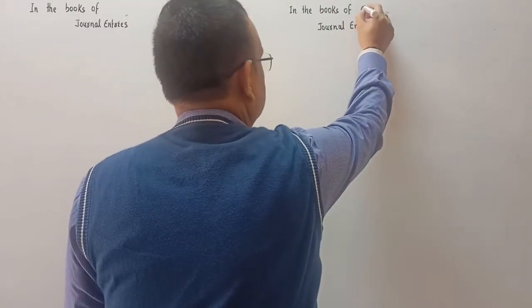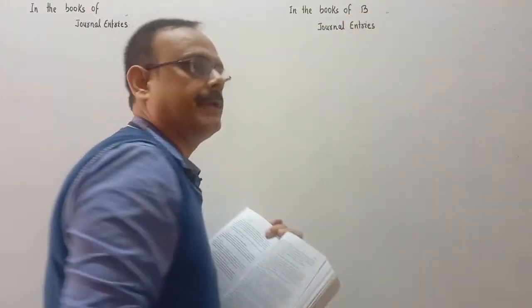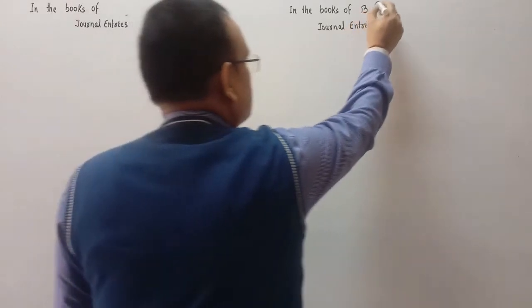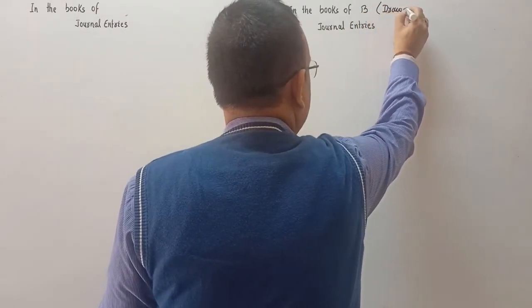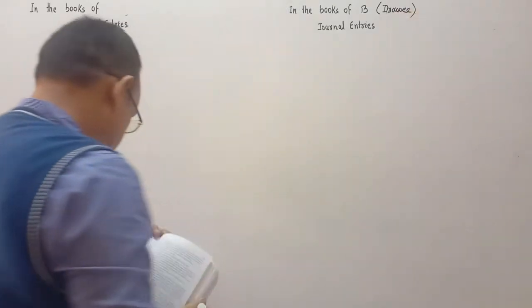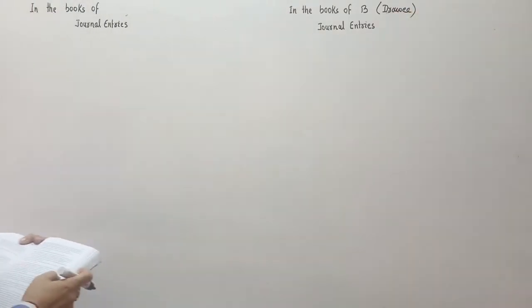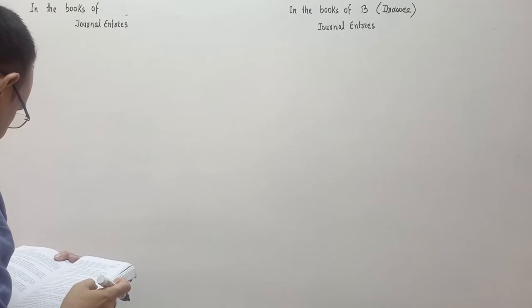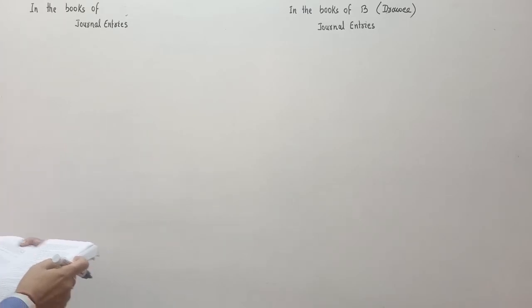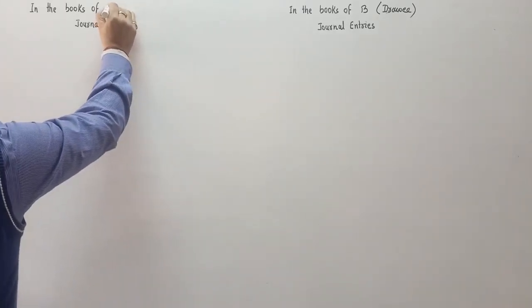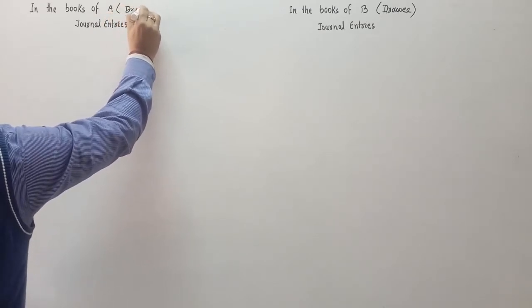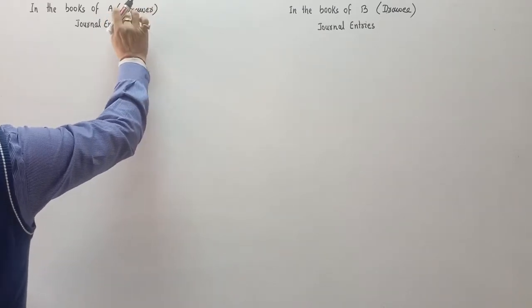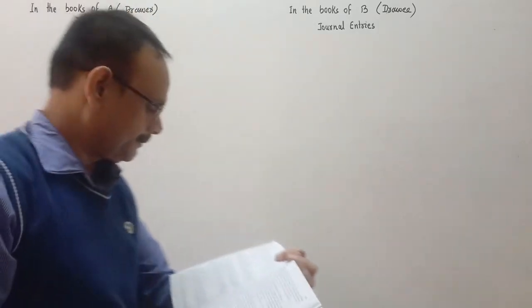He is the drawee of the bill. Drawn by A, so A is the drawer of the bill as per this question.